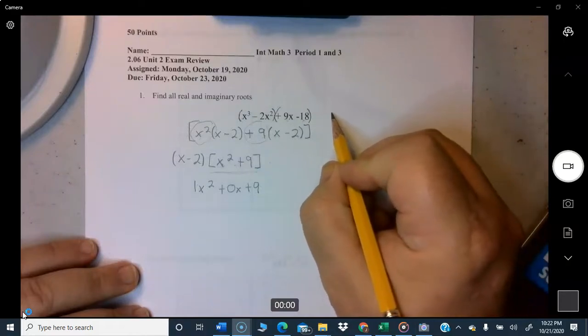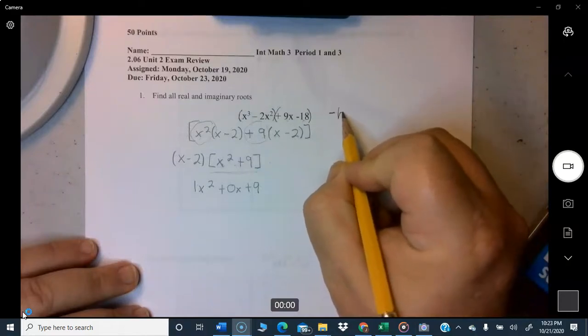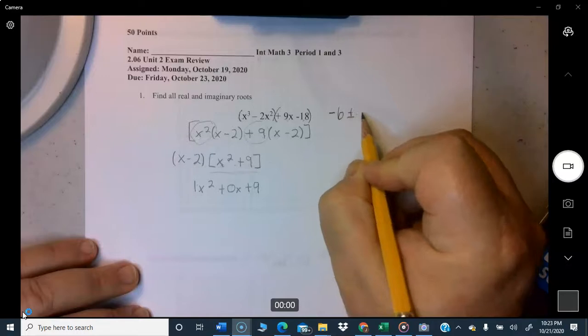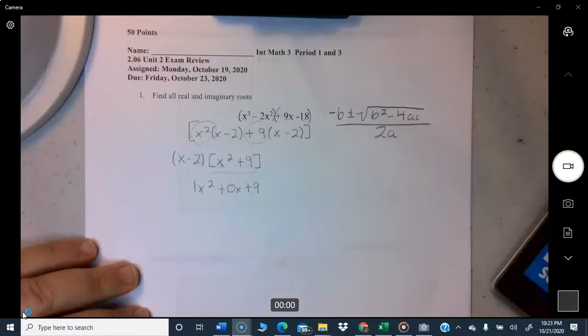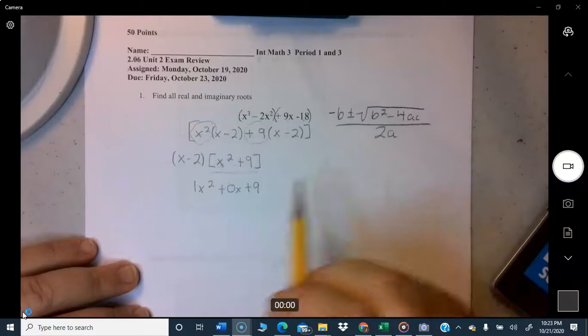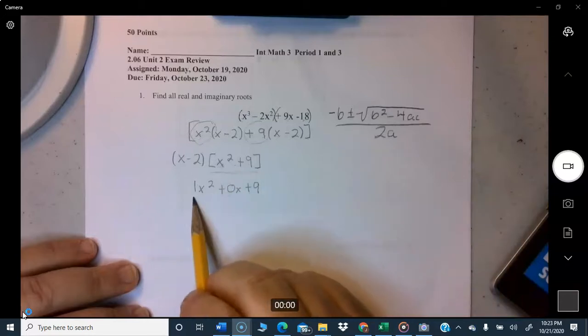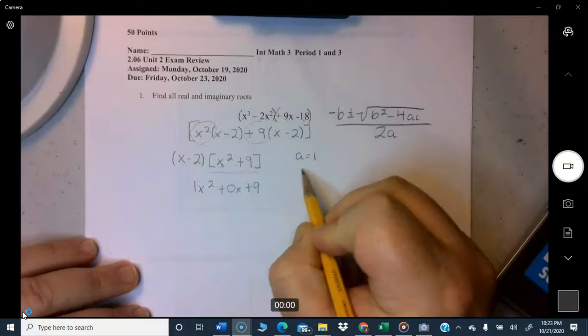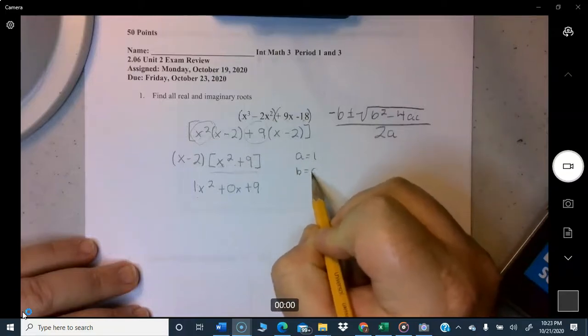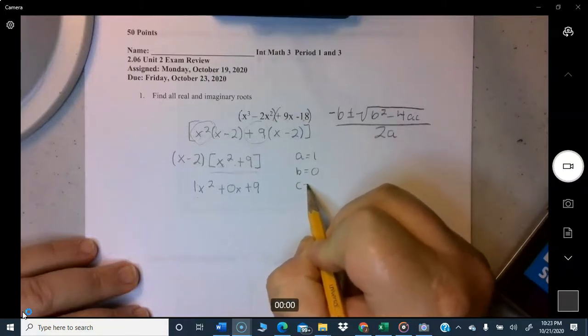So write that over here. Just write it out. So it's minus b plus or minus. Okay, there it is. So now you have to determine what your a, b, and c are in this equation. Well, it's whatever the coefficients are here. So a is going to be 1, b is going to be 0, and c is going to be 9.